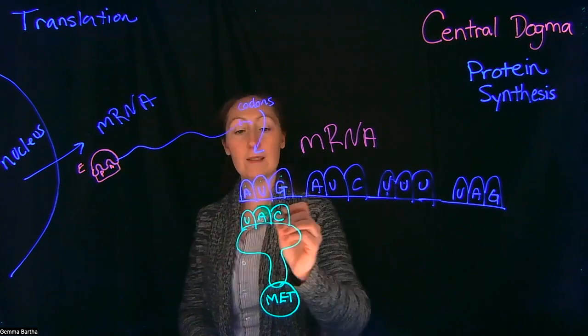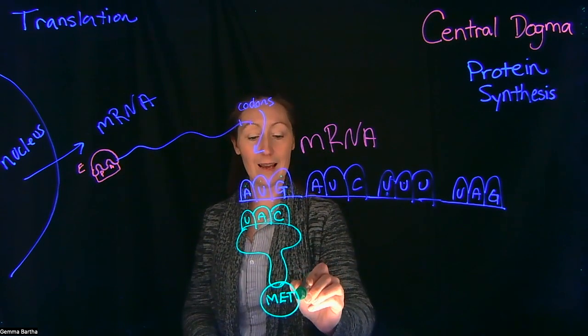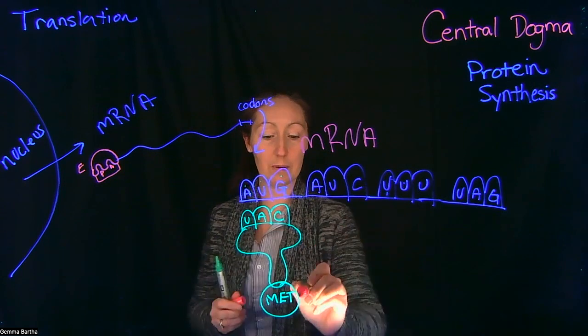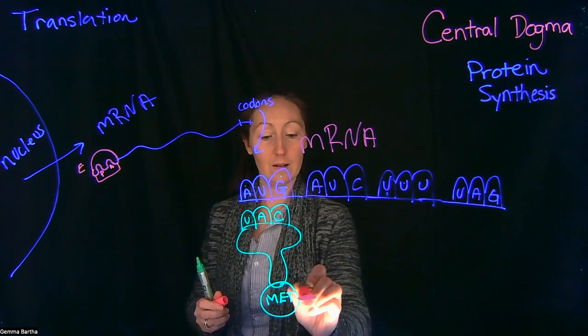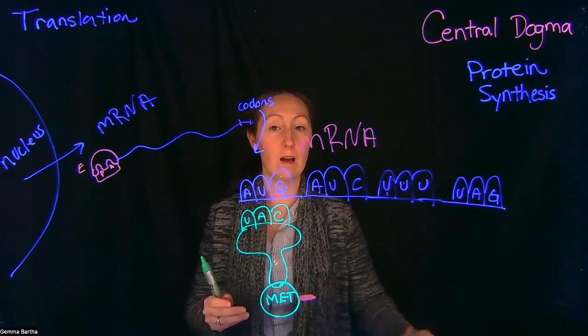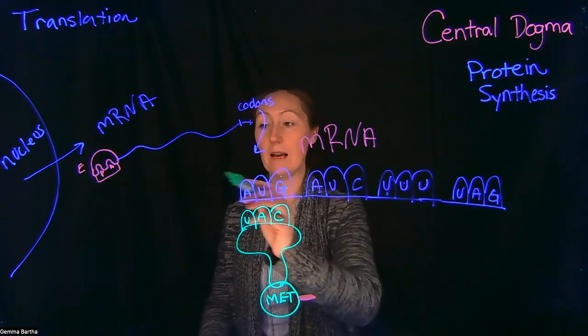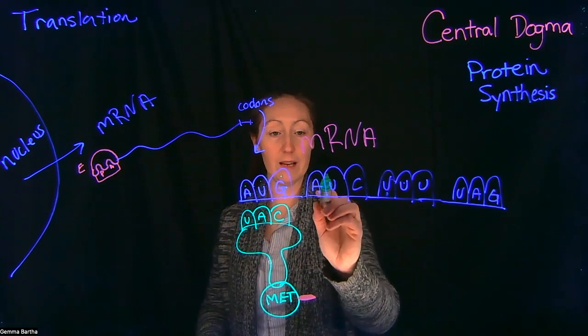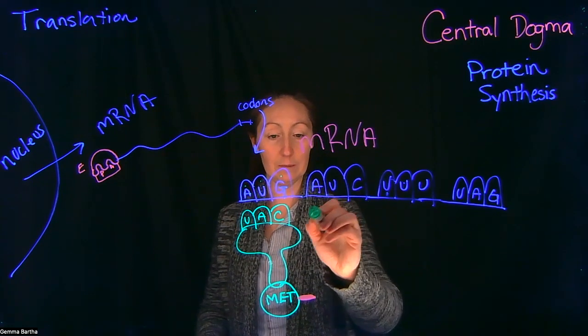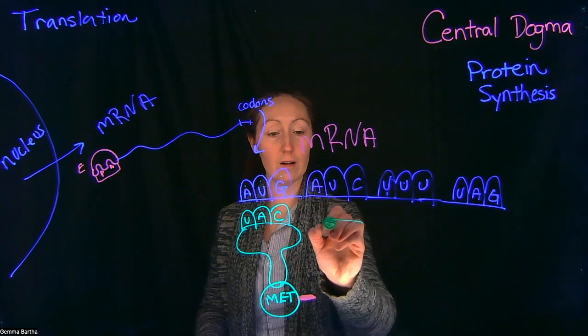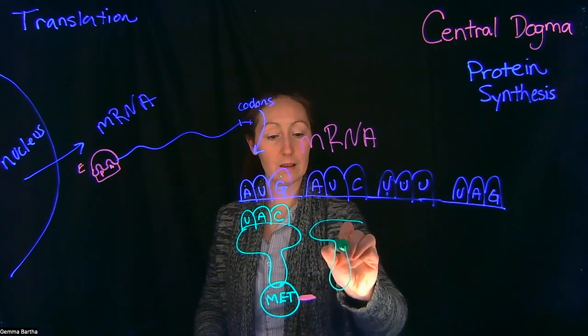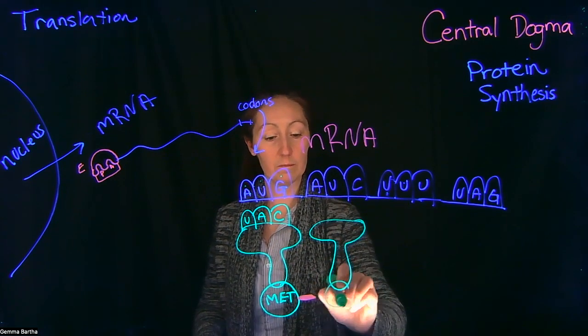As it goes through, it's then going to go to your P site. That adds a peptide bond, because remember, proteins are amino acids held together by peptide bonds. And now that A site is empty, we go to the next, AUC. So let's draw our next tRNA.